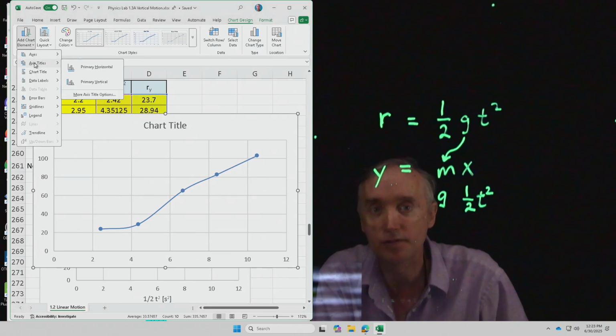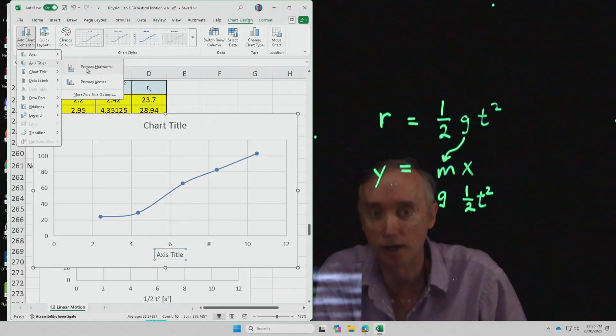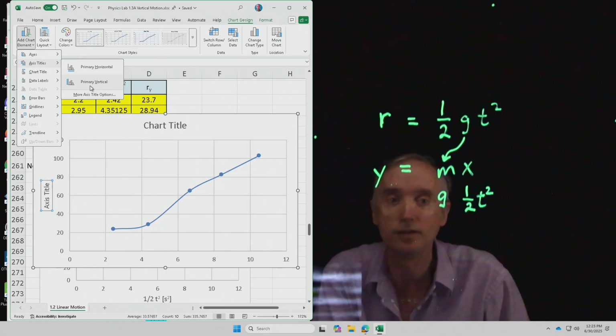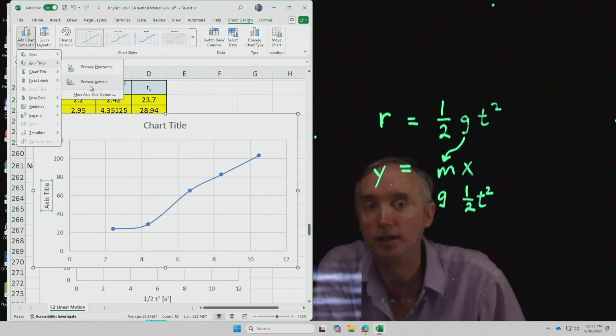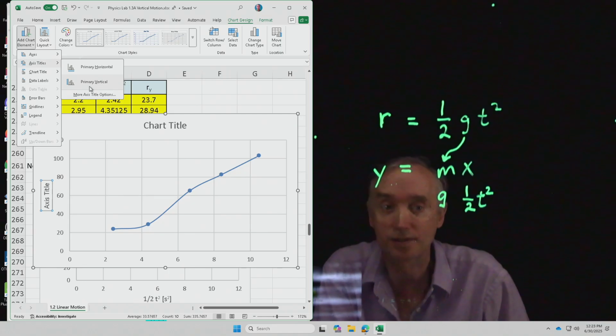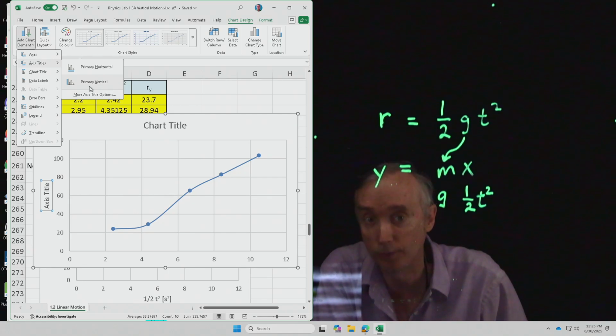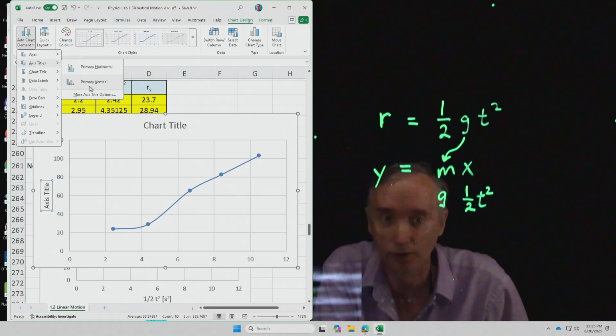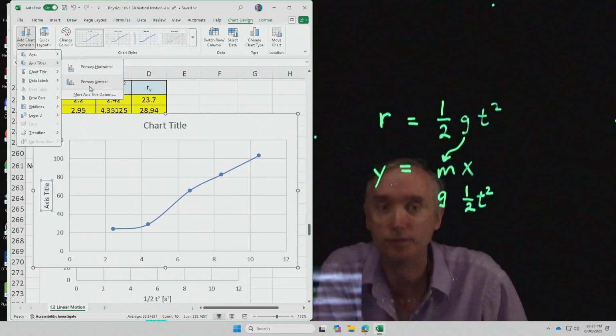Okay, and you have axis titles, and you got the primary horizontal and you got the primary vertical. So you're going to click on those, and then you're going to put in what the sideways part is telling you and what the up and down part is telling you. So do not put in X and Y. You're going to put in what it represents.